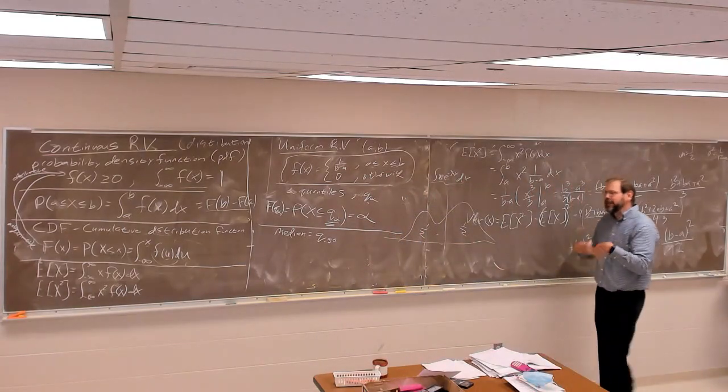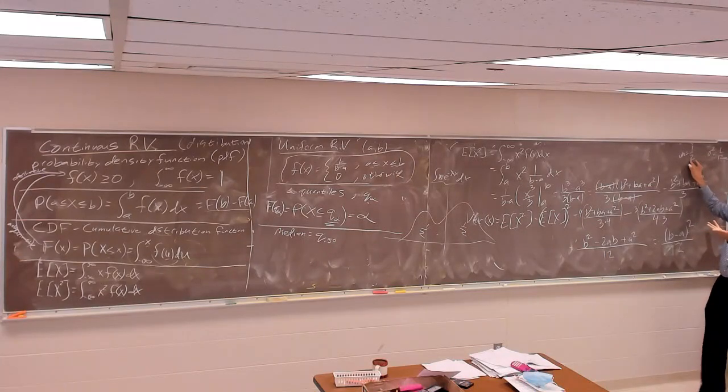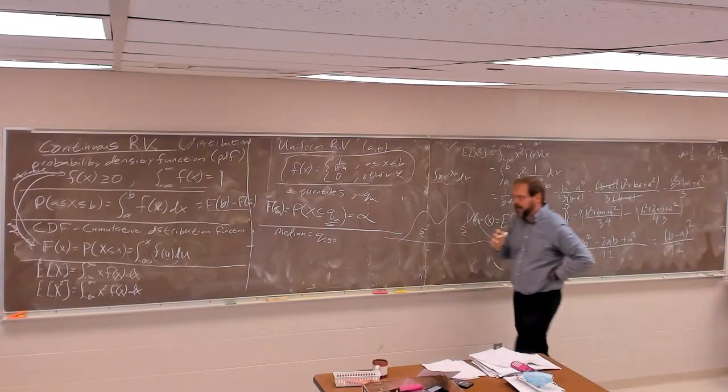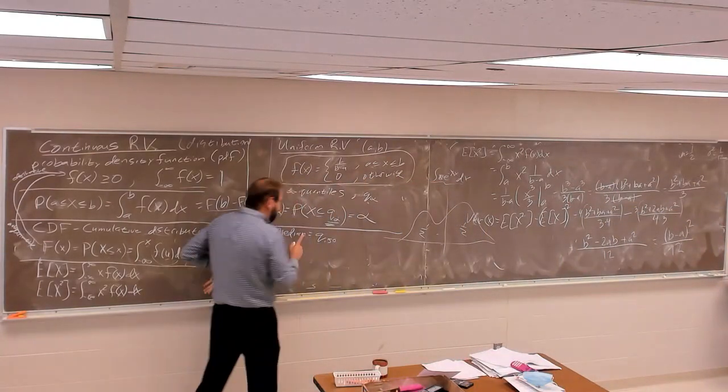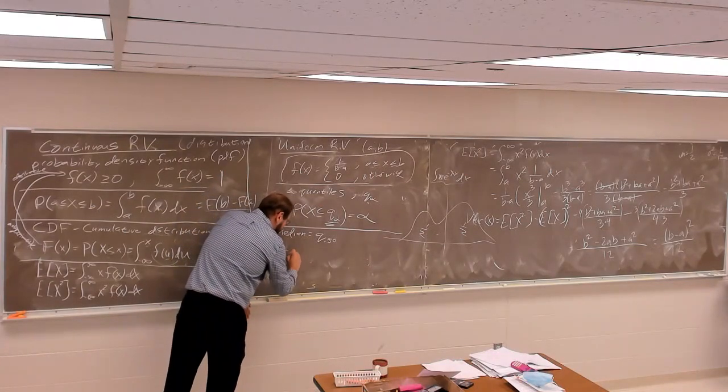For the standard uniform, the mean is 1/2, the expected value is 1/2, and for the median, half the probability is to the left of 1/2 and half is to the right of 1/2, but it doesn't have to be that way. When we go on to the next random variables, we'll see that's not always the case. And then we have things that we call the lower quartile.